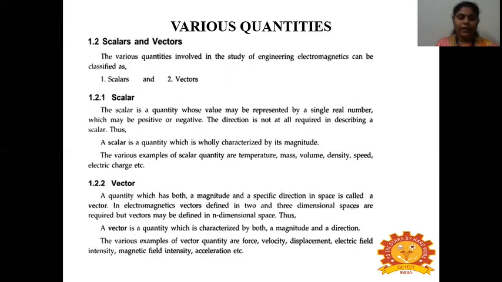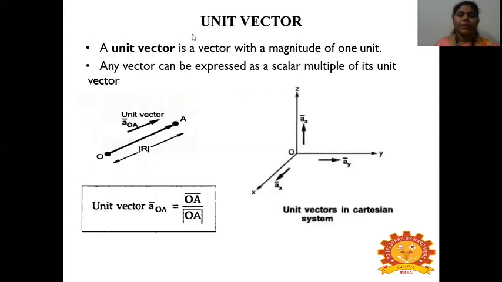A vector quantity can be defined in 2 or 3 dimensional space, and sometimes it can require n dimensions also. The examples of vector quantities are force, velocity, displacement, electric field intensity, magnetic field intensity, acceleration, etc.